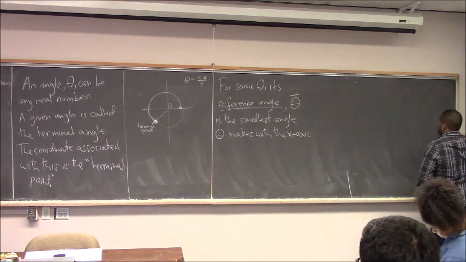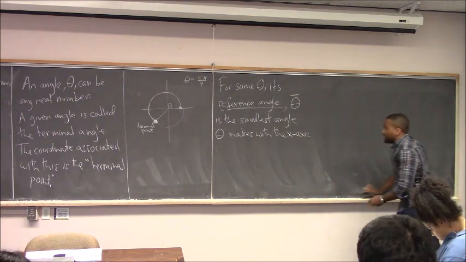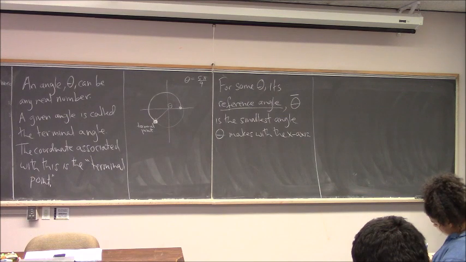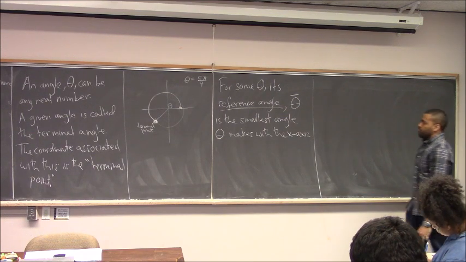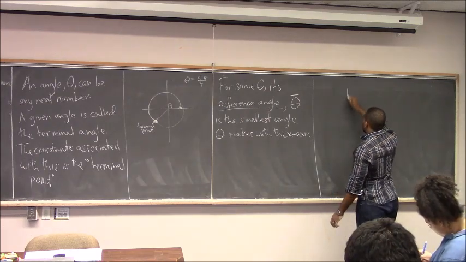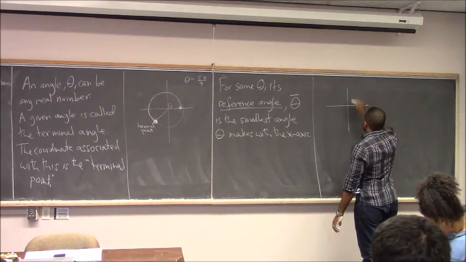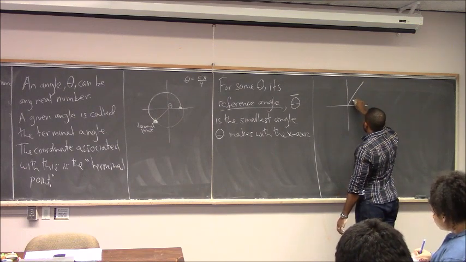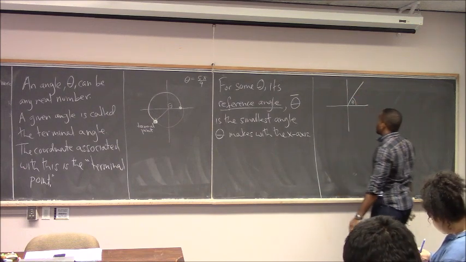So let me show you some situations. There are pretty much 4 situations that you can be in, which I'm going to describe. We can assume our angle theta is in the first quadrant.